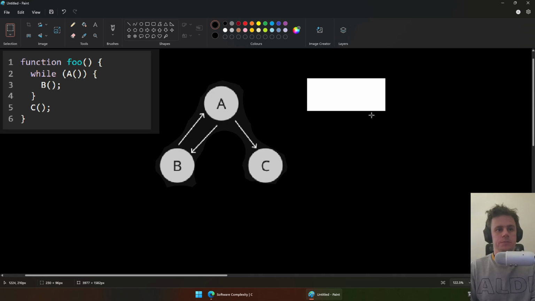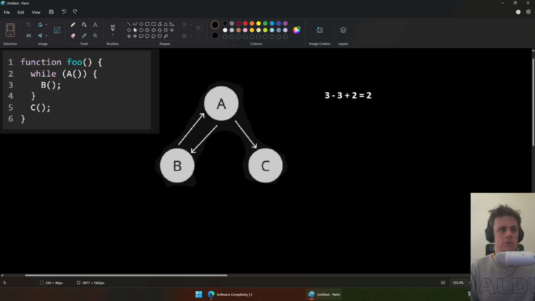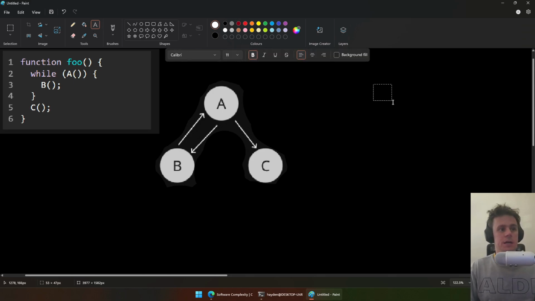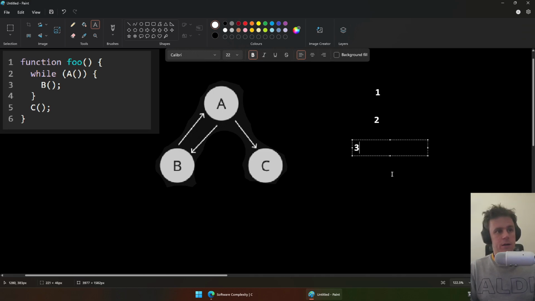What if instead of drawing it like this, I instead tried to use line numbers? And I said, okay, we're always going to start at line 1. All right. Now what happens is we're going to go to line 2. From line 2, we have one of 2 options, which is we're either going to go into line 3, or we're going to jump straight to line 4.